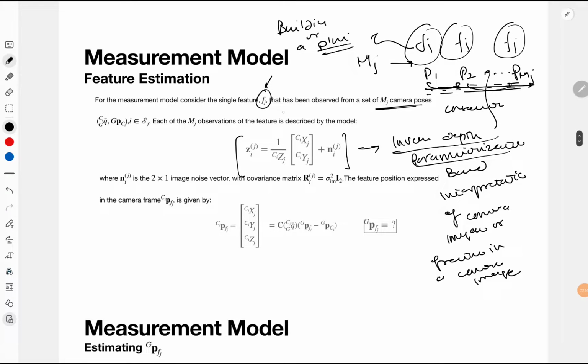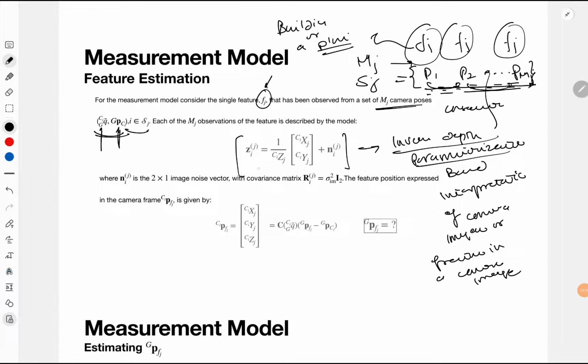So let's say this feature fj was observed by mj camera poses, and each pose is the position of the camera and the quaternion of the camera. I belongs to sj, so mj is the number of these camera poses, and sj is the set which contains these camera poses.